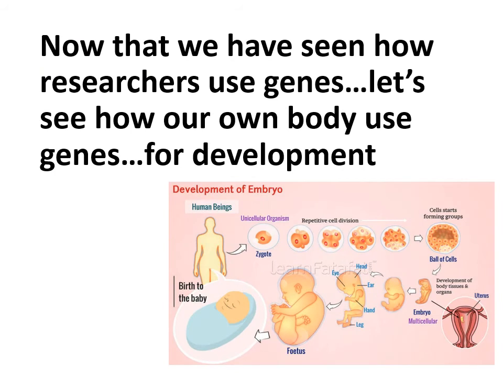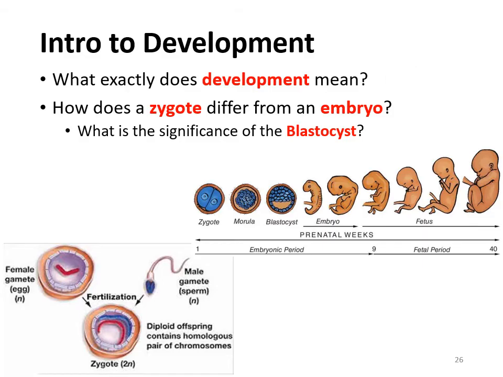Okay, so now we've seen the various ways that we can use genes in terms of research, but now let's look at our own bodies and how they use genes for development. The first thing we have to ask ourselves is, what exactly do we mean by the term development?